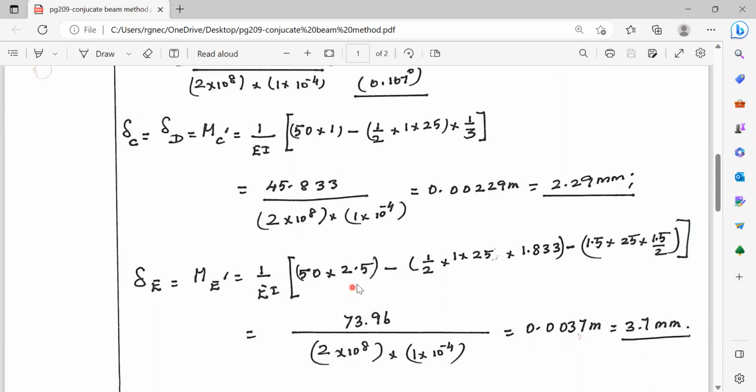This is the reaction, arm distance with respect to E, 2.5, minus the triangular load, 1/2 into 1 into 25, area of the triangle, into the arm distance with respect to E, 1.833, minus area of rectangle, 1.5 into ordinate 25 of rectangle. Arm distance is 1.5 by 2. Upon simplification, we get this, and that is equal to 0.0037 meter, that is 3.7 millimeter.